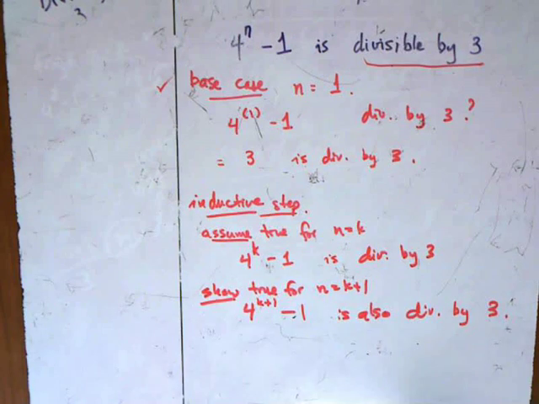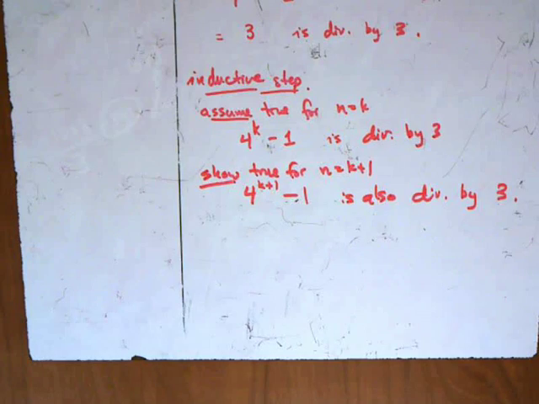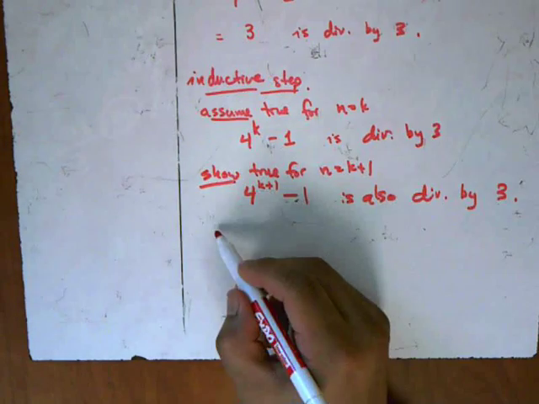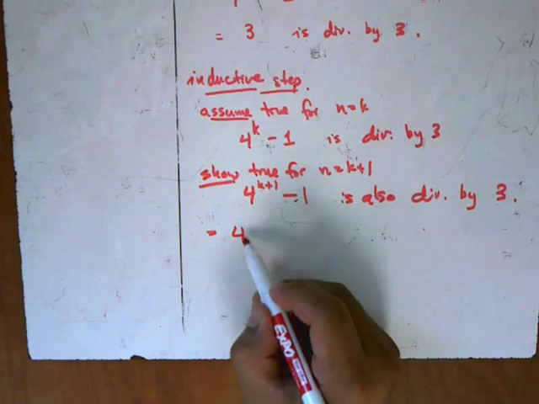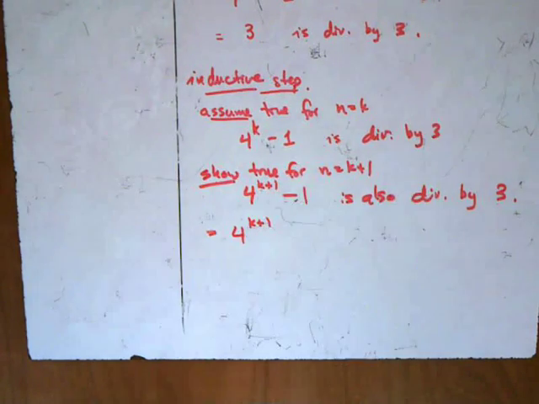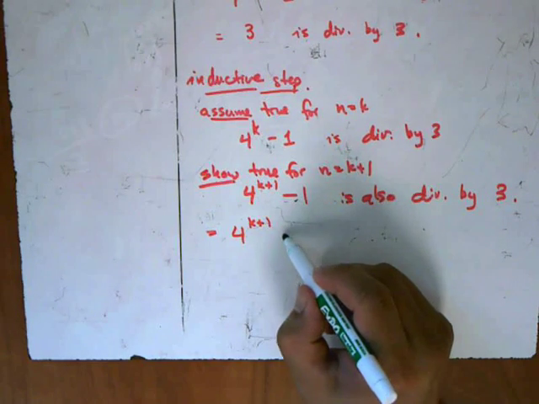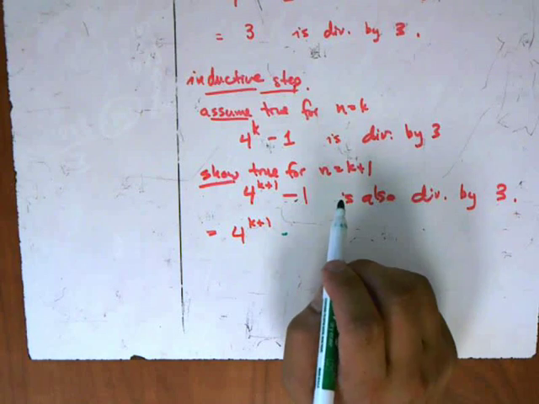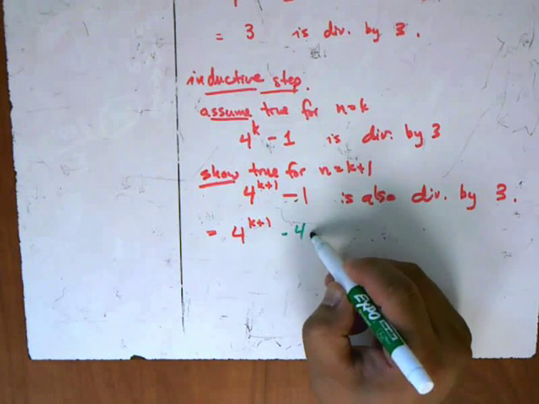Now this is a little bit of a tricky thing to do. This part is going to get quite weird, and this is where the power of induction really comes in. We are going to rewrite this statement as 4 to the k plus 1, but instead of writing minus 1, we're going to write minus 4 plus 3.